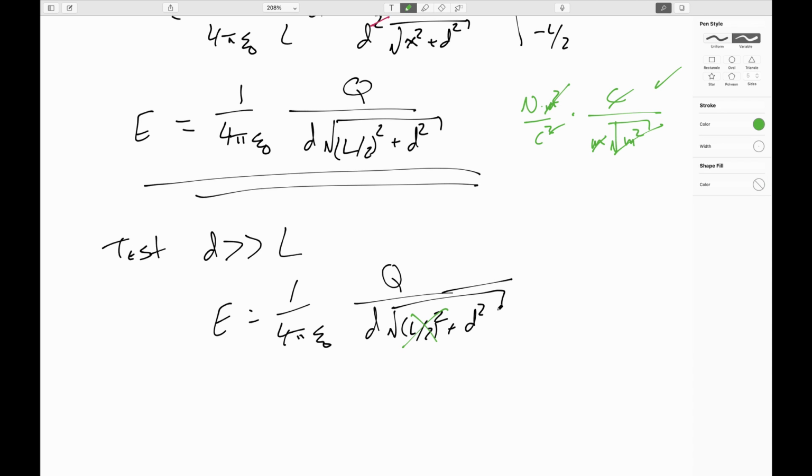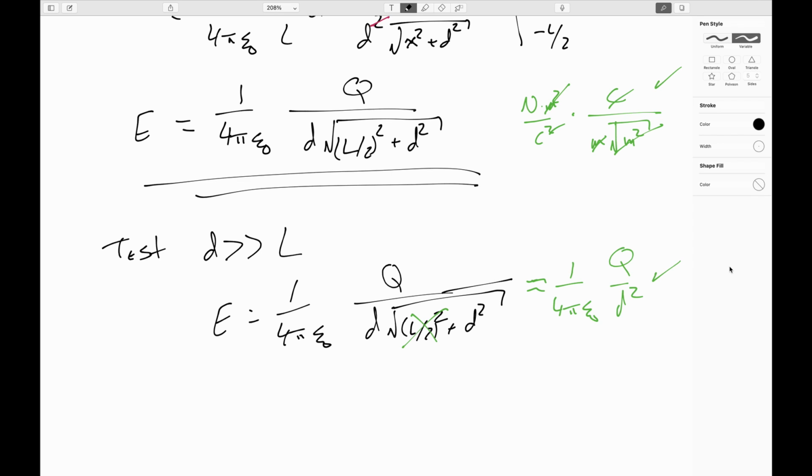And now you'll have a square root of d squared times a d. And so we get that when we're far enough away, this would be approximately 1 over 4 pi epsilon naught q over d squared, and say, hey, that's a point charge. So it does the right thing when we're far away. We recover the point charge. So that gives us additional confidence that the expression we got was correct.